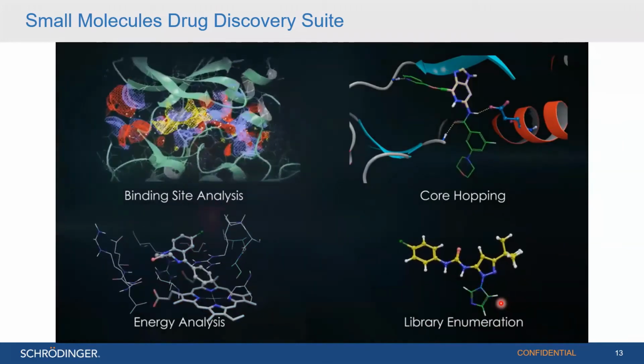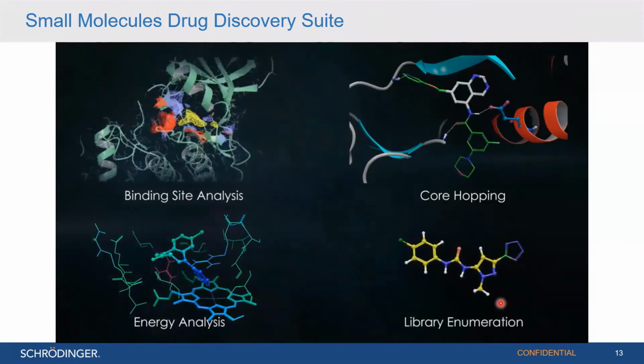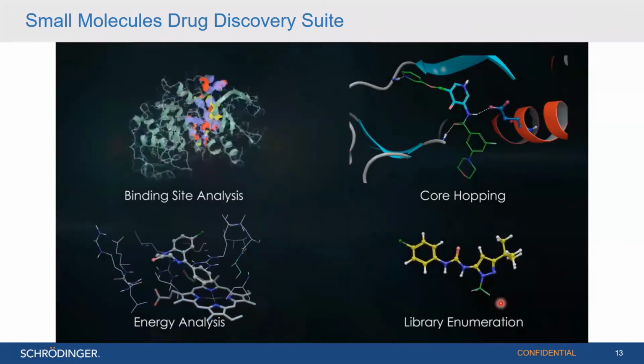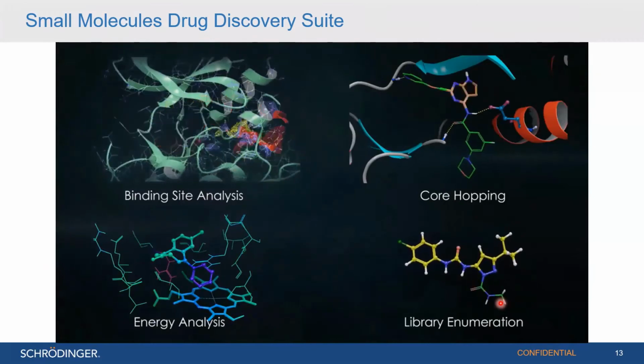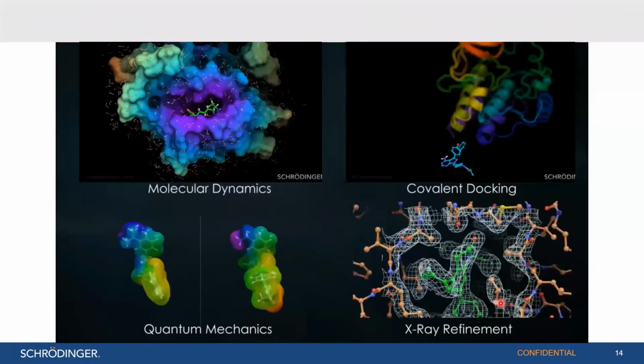You just need to tell the software, okay, I want substitution at this particular position, and the software will do all types of possible substitution in it. So this is what is present with the Schrodinger suite, and I must say it is very much revolutionary in nature.